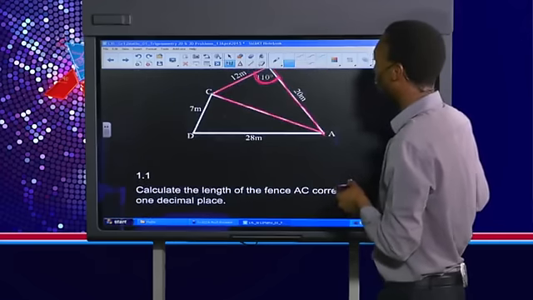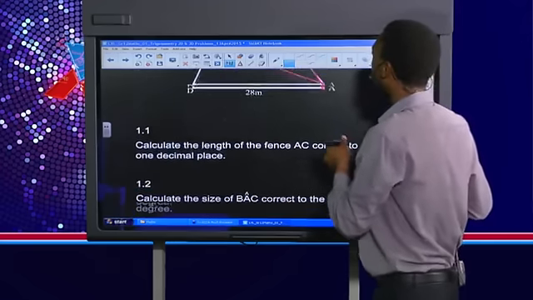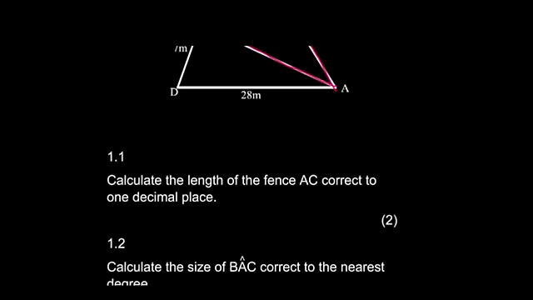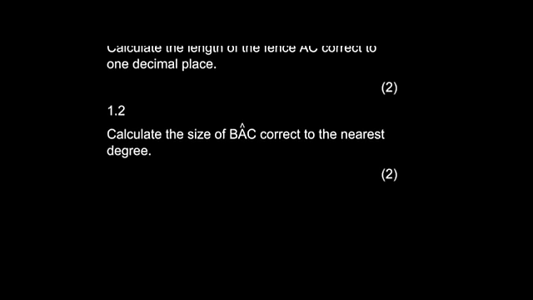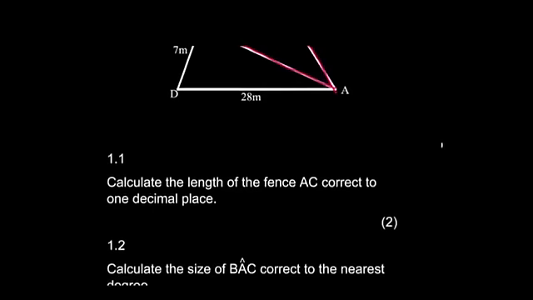If we want to work out AC, let's use brown. It will mean that AC squared is equal to the sum, remember, of the squares of the other two sides. So what are the other two sides?